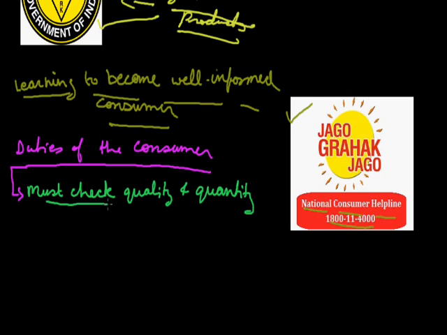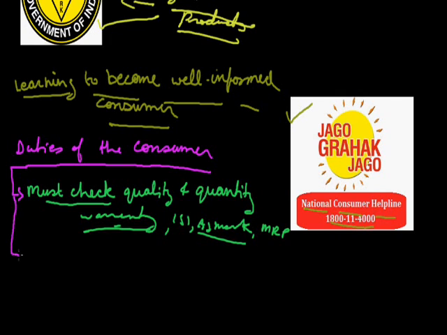Means a consumer must check the warranty, different types of marks like ISI, egg mark, and the MRP before purchasing the product. While purchasing a product, it is the duty of a consumer to ask for a cash memo, what we say in Hindi, a receipt of that product which we purchased.